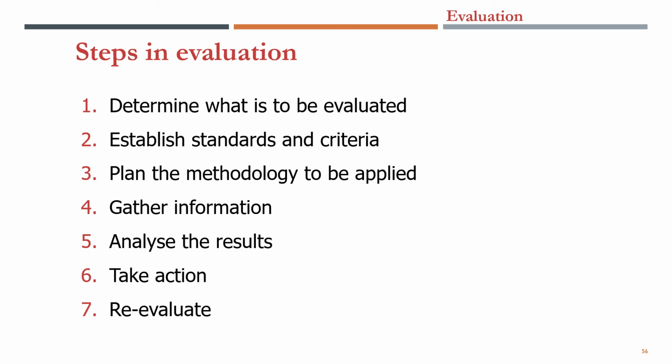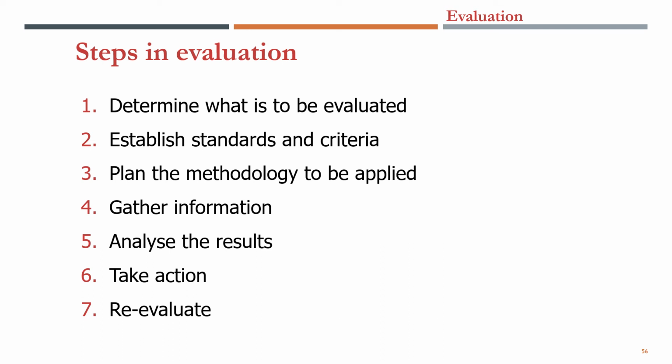Okay. Having talked about the different types of evaluation, we come to the steps in evaluation. So number one is to determine what is to be evaluated. Number two, establish standards and criteria. Number three, plan the methodology.